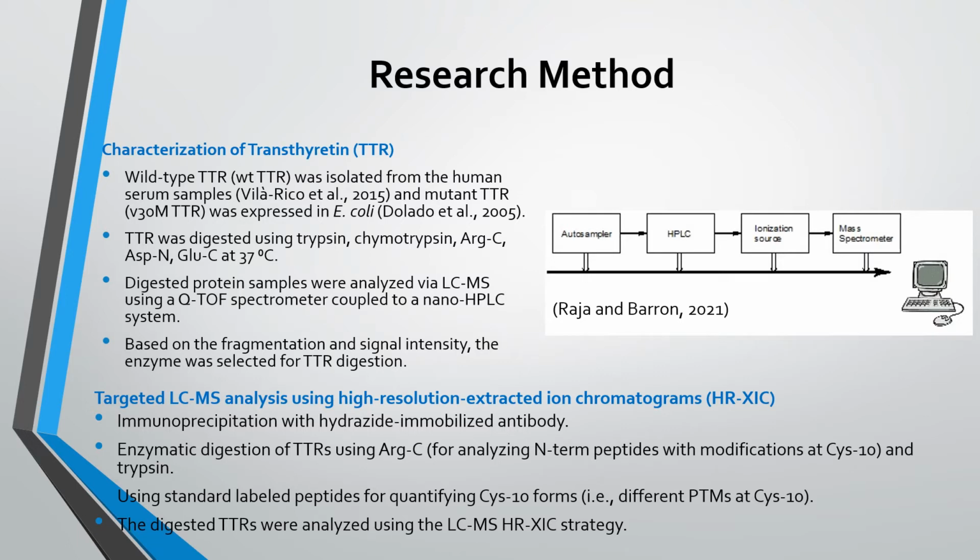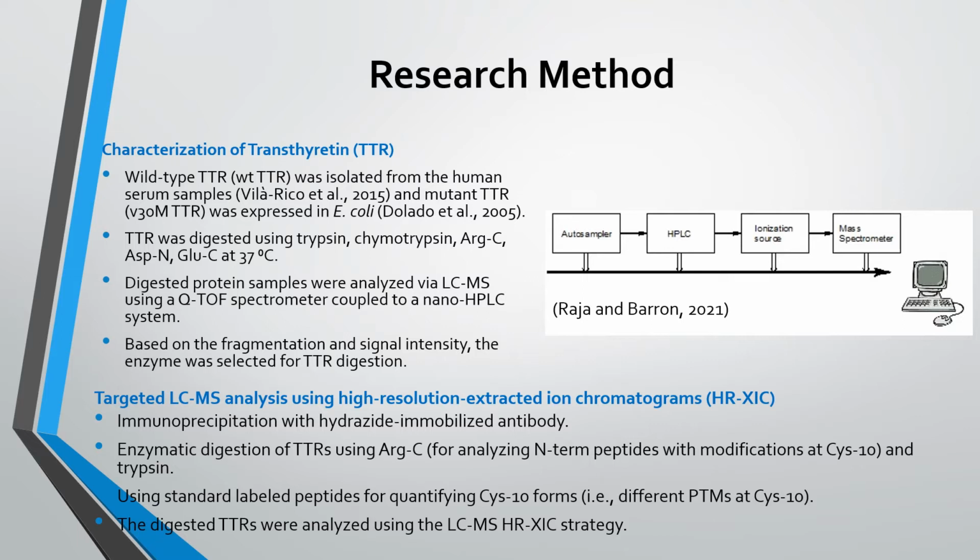Isolation of both TTR forms was performed via immunoprecipitation in solution using a polyclonal rabbit anti-human TTR antibody. Thereafter, the TTR was digested using different proteases such as trypsin, chymotrypsin, arginine, asparagine, and glutamate at 37 Celsius.